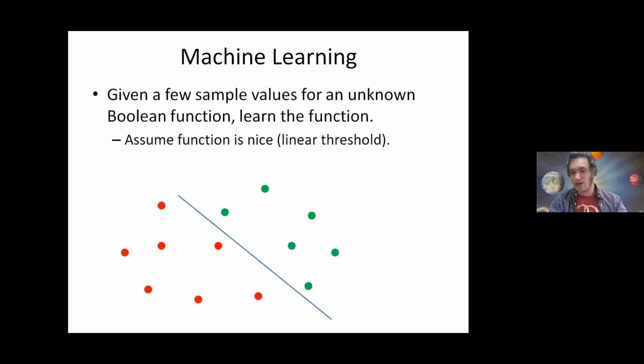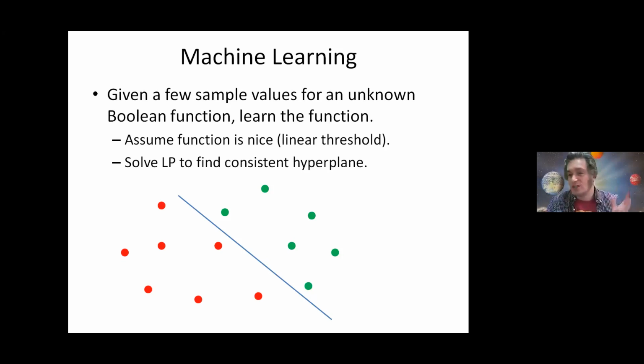So, here you've got these points. You note that there is some hyperplane that separates all the red points from the green points. So at the very least, the observed function is consistent with the following linear threshold function. There are questions that you can ask, a little bit beyond what we're going to discuss, about generalization, like how many points you need until the hyperplane that you find will give you good results on points that you haven't seen.